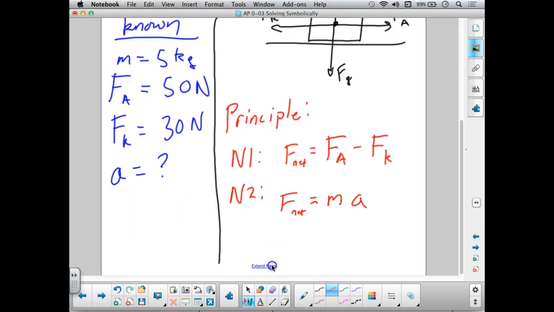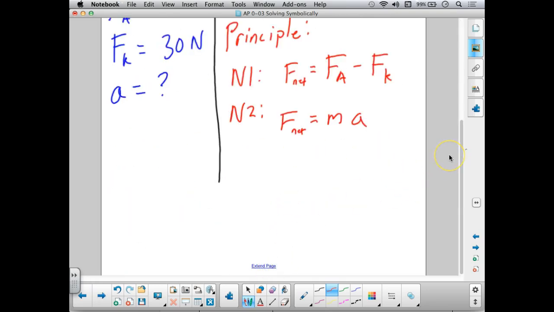So if I apply that here to this problem, I ask myself, what am I looking for? I'm looking for the acceleration. So I'm going to put acceleration on the left-hand side. I can get acceleration by itself if I divide Newton's second law all the way through by mass.